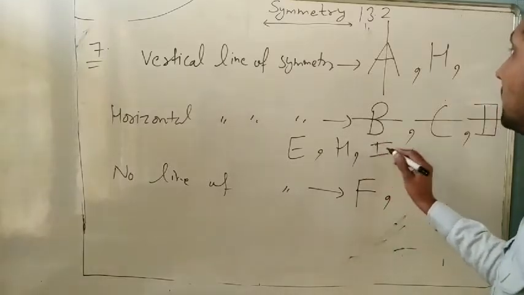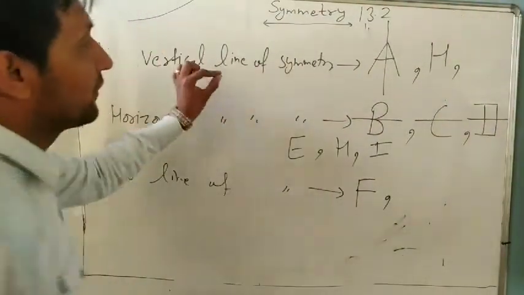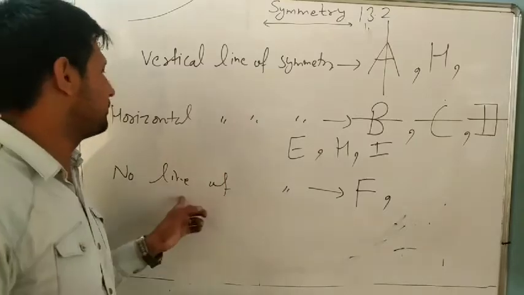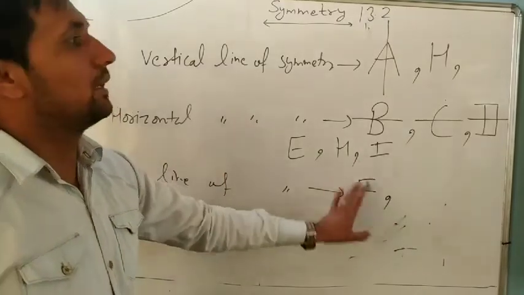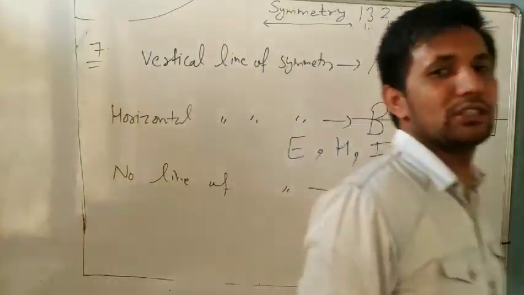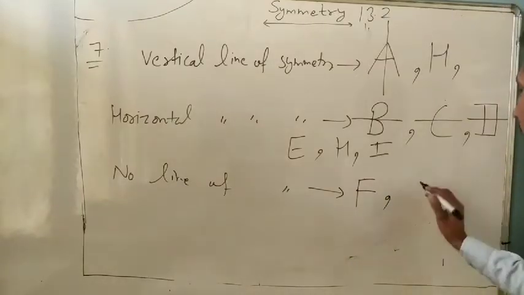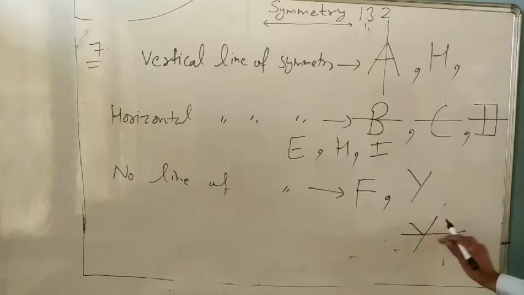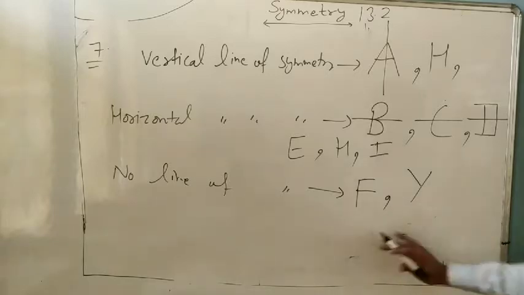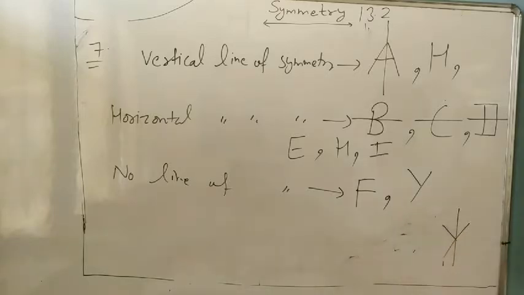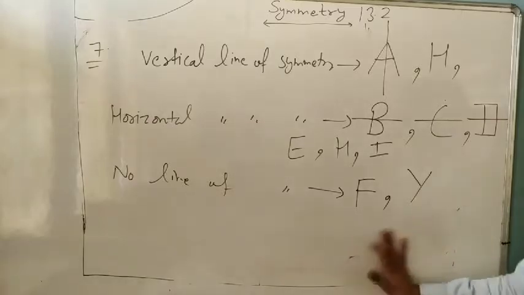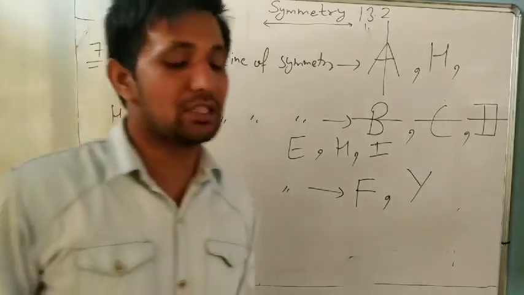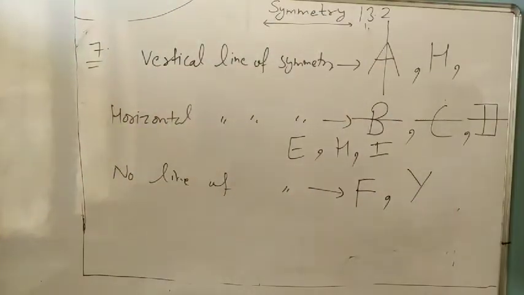So same as it is, you will find which alphabets have vertical, which have horizontal and which have no line of symmetry. So you will find yourself. Y: does it have any line of symmetry? No. If you take it like this, horizontal is no line of symmetry, and vertical no. So same as it is, you will check all alphabets. Understand?